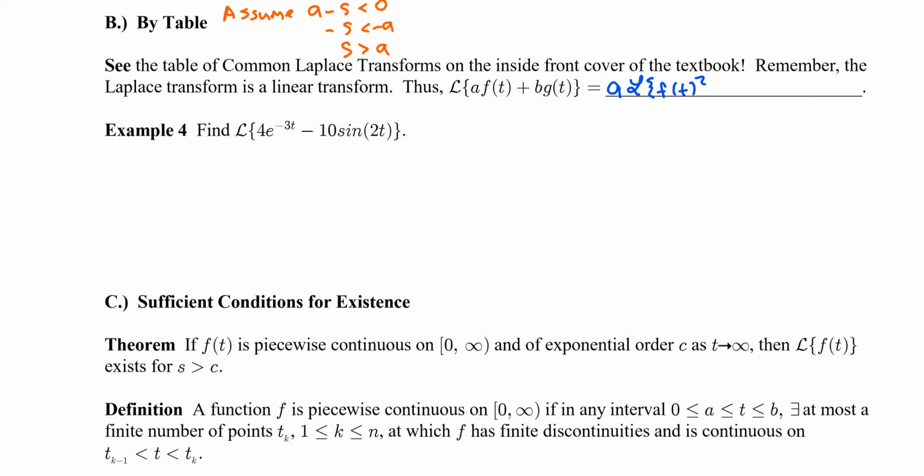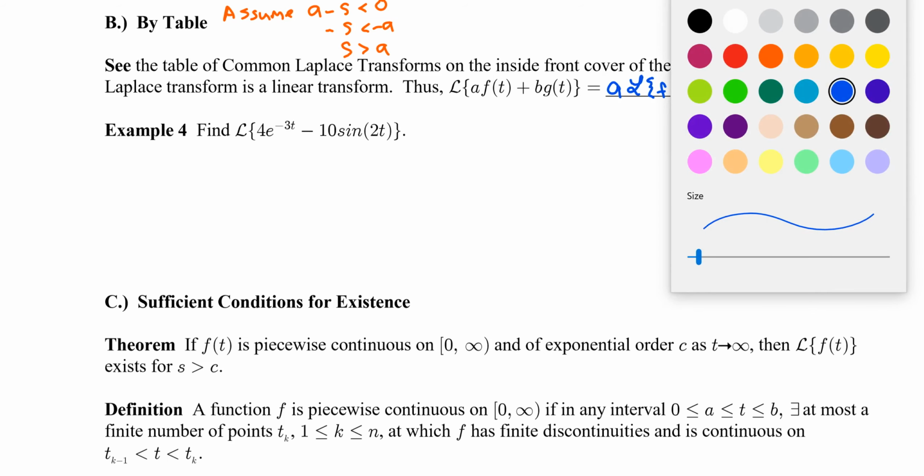What that means is I can focus on transforming the function of t and simply factor the constant in front of that operator as you would with a derivative or an integral. So we have b times the Laplace transform of g of t. Okay, so remember that. That will help us with working our problems.